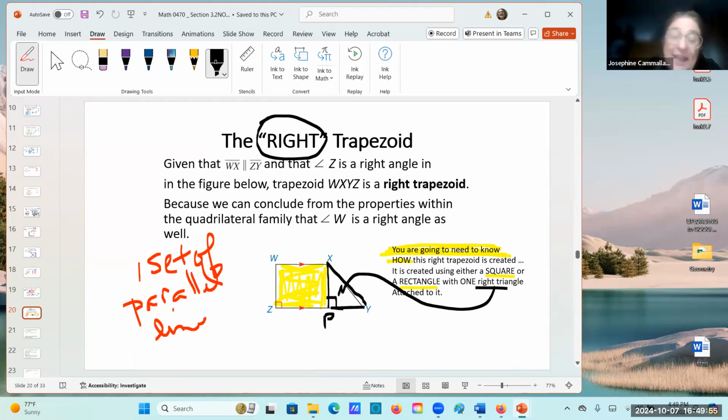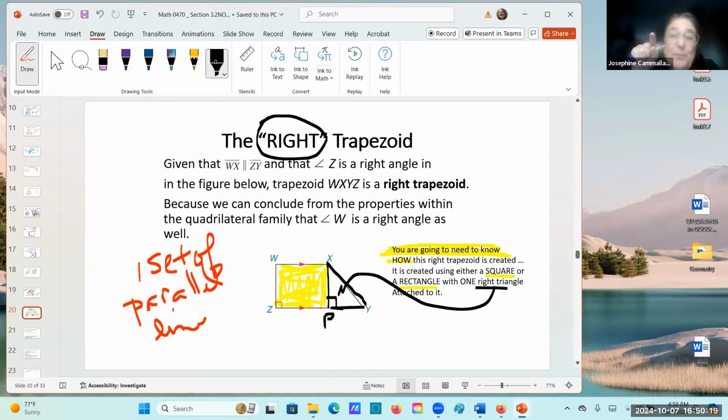Could it be on the left side? Yes. But the key is the middle piece, the yellow piece, is either a rectangle or a square. When we figure it out, we'll let you know. And then we have the right triangle.